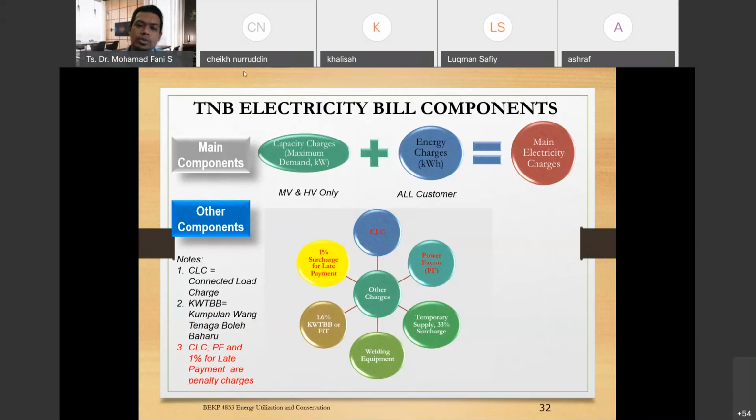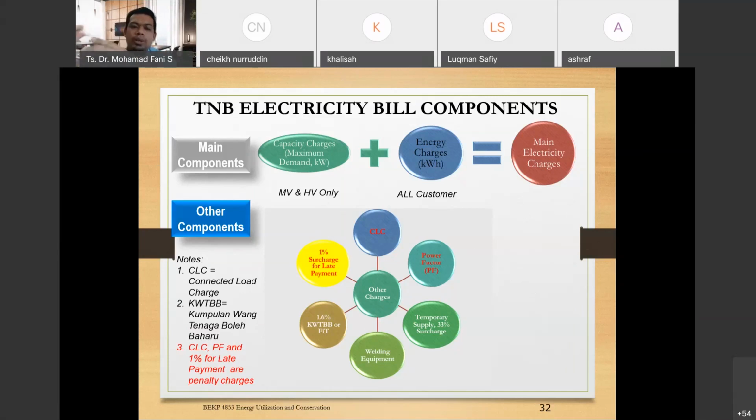So for the large consumer, right now we are talking about the electricity bill. Just now was about the IBR, and we know that's the base tariff for TNB to design the tariff for the consumer. Starting from this slide, we will talk about the customer after the meter, the tariff on the consumer side.